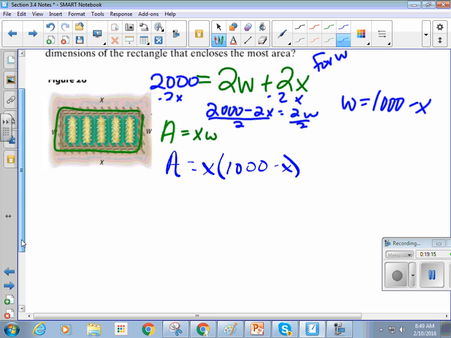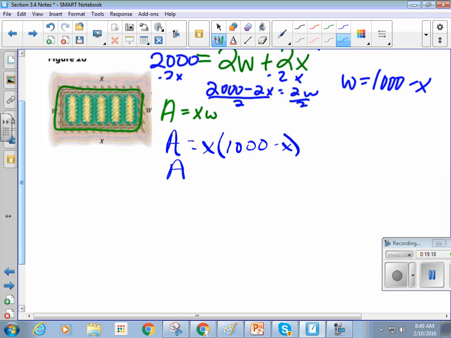So we get 1,000 X minus X squared, and we can rewrite that as negative X squared plus 1,000 X.